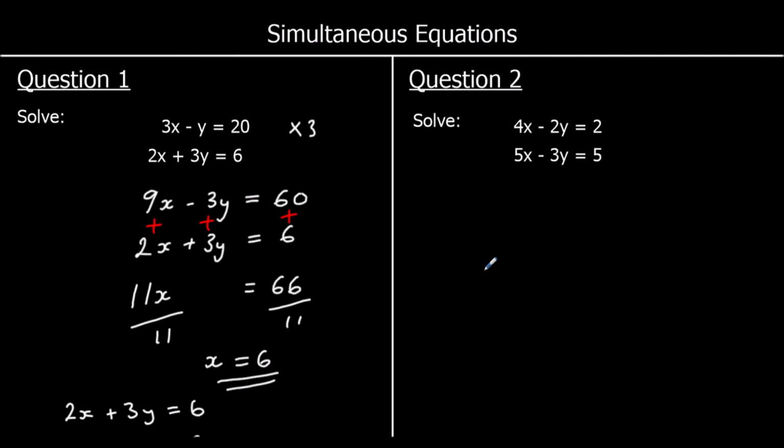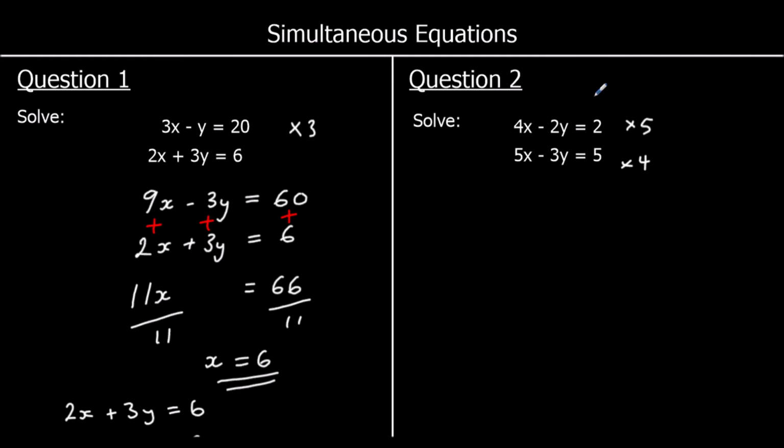Question 2. Again, we want to get rid of either the x's or the y's. And to do that, we are going to make them the same. So we can either multiply the top by 5 and the bottom by 4, which makes the x's the same, or I could multiply the top one by 3 and the bottom one by 2 and make the y's the same.